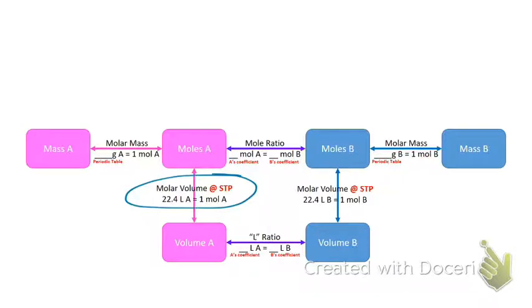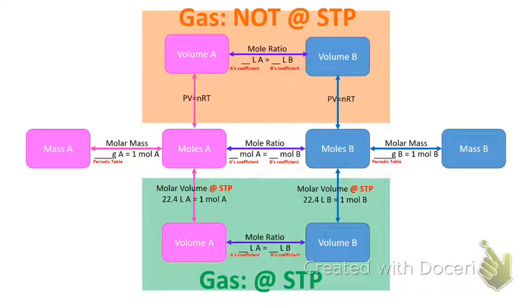Now, if I'm not at STP, I can still convert between my volume and my moles. It's just not going to use this same conversion. So I'm actually going to add something to this map. It's still technically going from moles to volume, but since I'm not using this conversion, this highway here, I'm going to add another highway over here real quick. And it might start to look a little weird, but here we go.